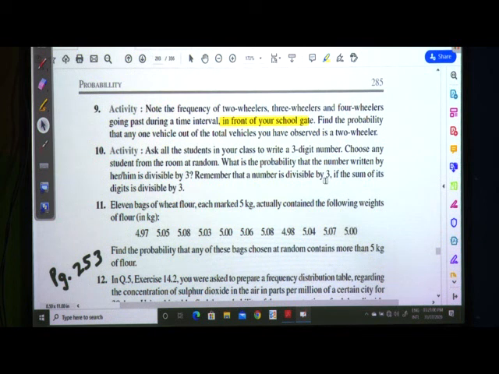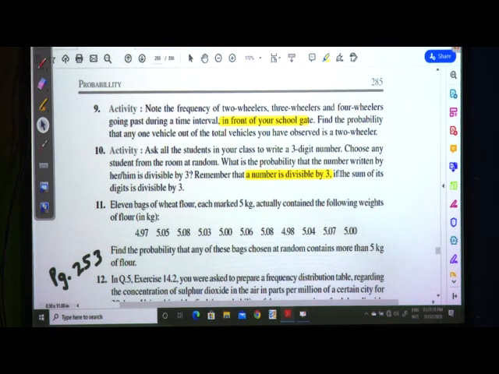Remember that a number is divisible by 3 if the sum of its digits is divisible by 3. You do the sum of the digits. If it is a multiple of 3, if it comes in the table of 3, it is divisible by 3. What is the activity?